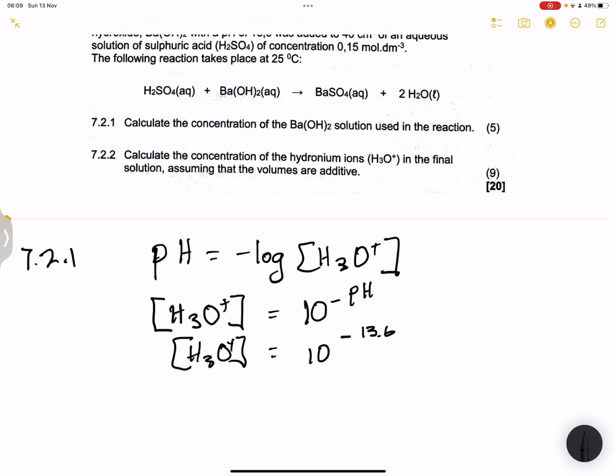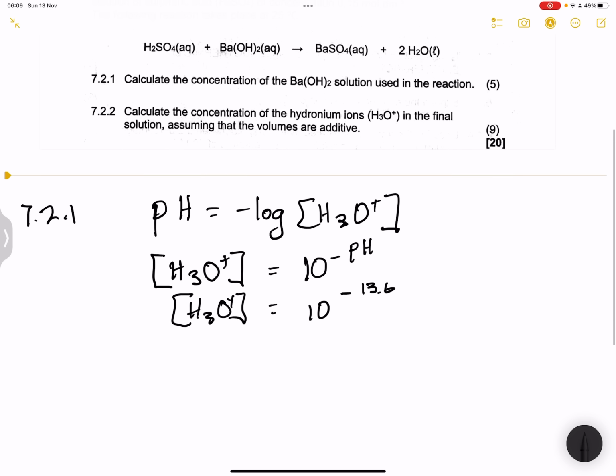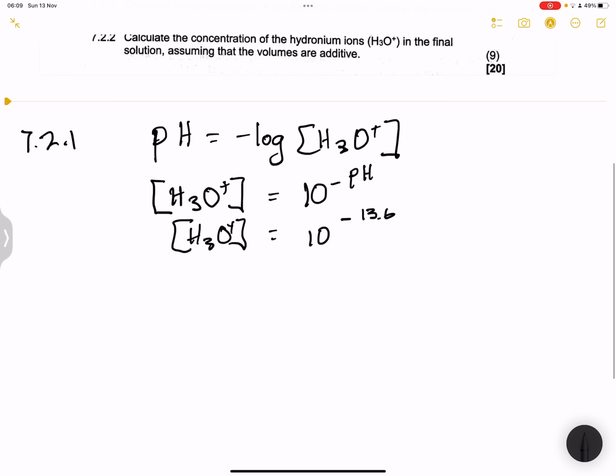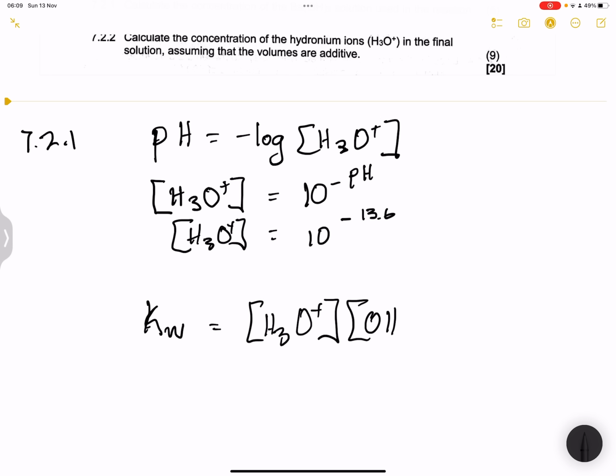Now remember, this is the concentration of the hydronium ions, but what are we looking for? The concentration of barium hydroxide. It does not have hydronium ions. So what you do is you use the ionization constant, obviously assuming this is at 25 degrees: hydronium ions times OH minus gives 10 to the minus 14.